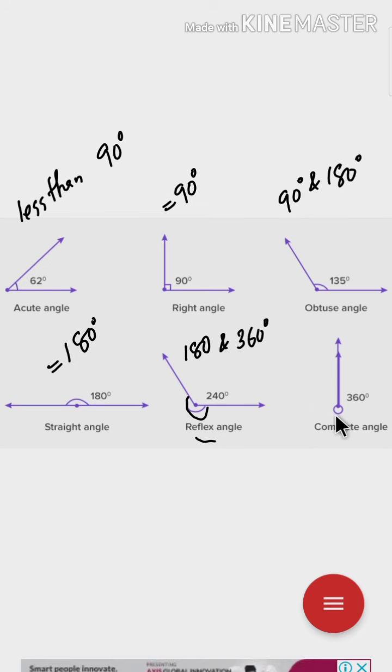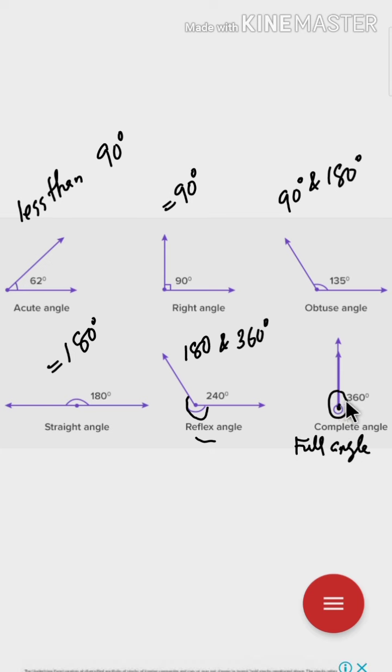Now if the angle is 360 degrees, it's called complete angle or full angle. So a full angle or 360 degrees means if we consider this as a point, then the angle around this point is called full angle or 360 degrees.